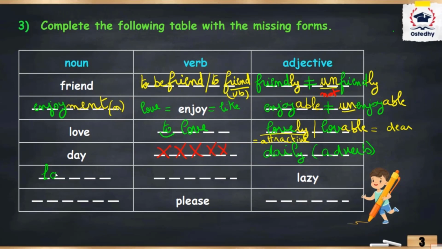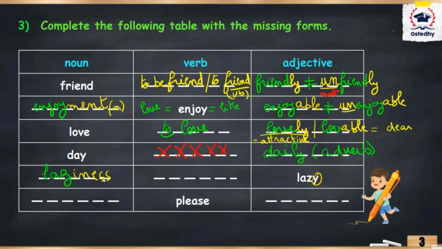No, it's not lazy, but it's something that must be transformed a bit. So you will keep the same first three letters, but you will write an I because the adjective finishes with Y. And then you will put laziness.